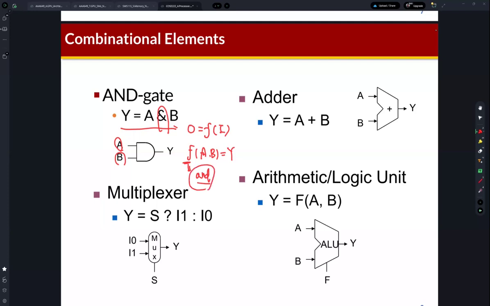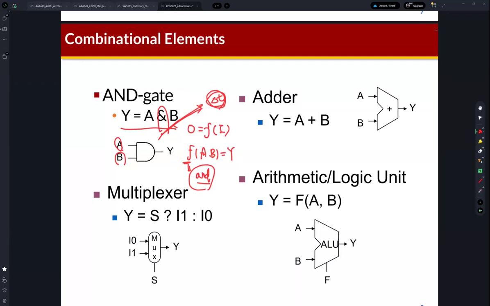But you also need to understand that this AND gate also has a delay. The output of the AND gate will be generated after some delay.